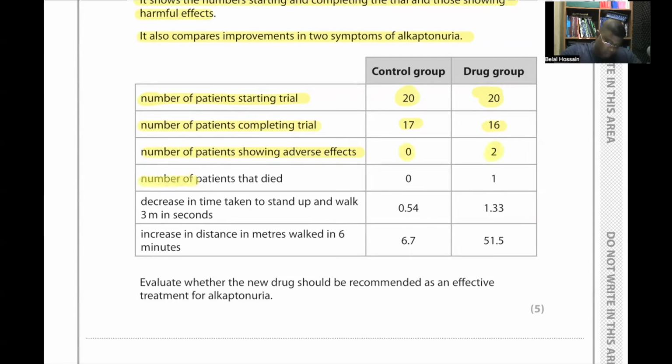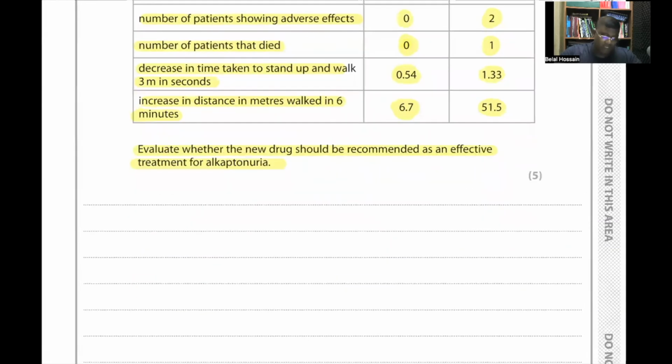Number of patients that died: 0 in the control group, 1 in the drug group. Decrease in time taken to stand up and walk 3 meters in seconds: 0.54 and 1.33. Increase in the distance in meters walked in 6 minutes: 6.7 for the control group and 51.5 for the drug group. Evaluate whether the new drug should be recommended as an effective treatment for alkaptonuria.